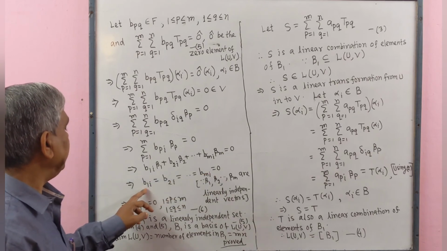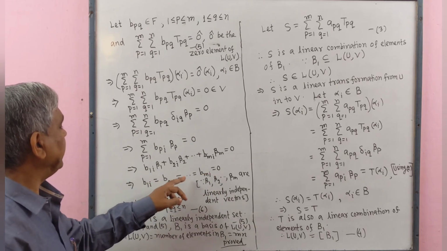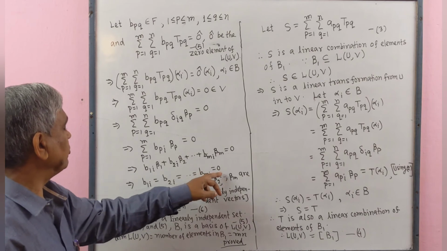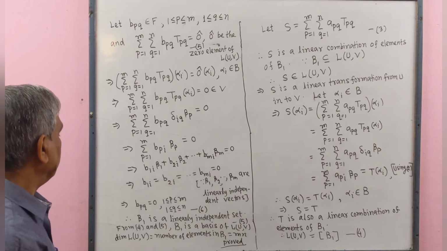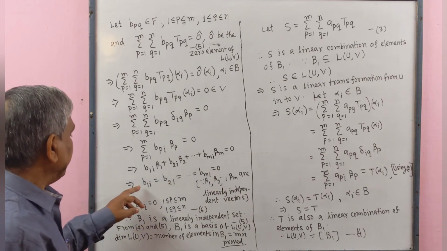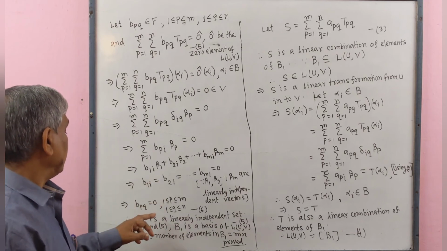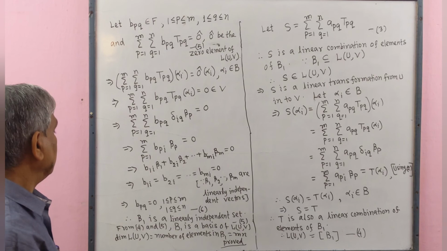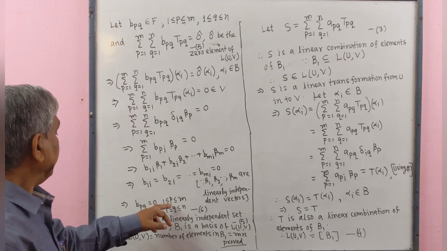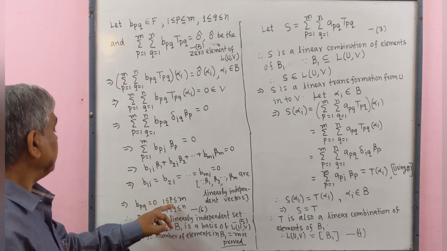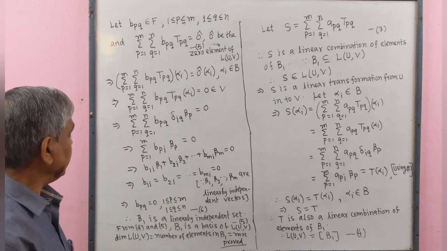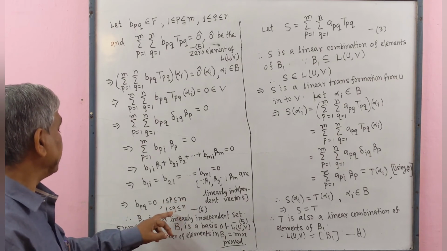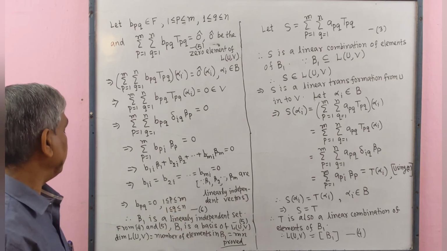That is B1i, B2i, ... Bmi equal to 0. That means BPQ equal to 0, where P is greater than or equal to 1 and less than or equal to m, and Q is greater than or equal to 1 and less than or equal to n.